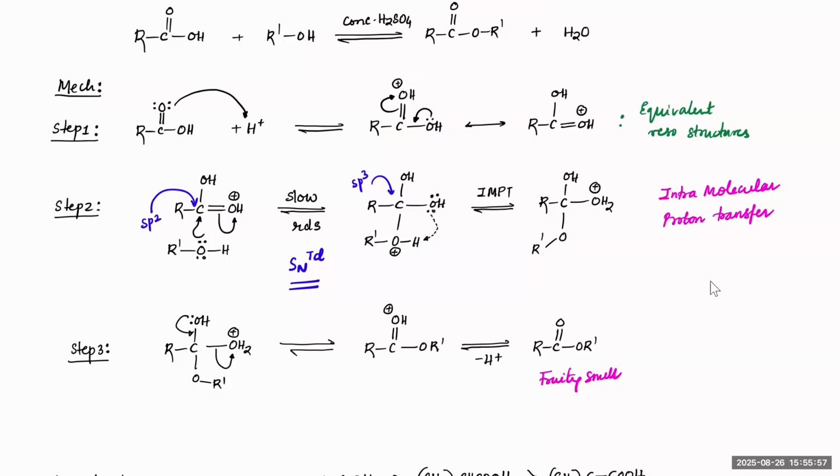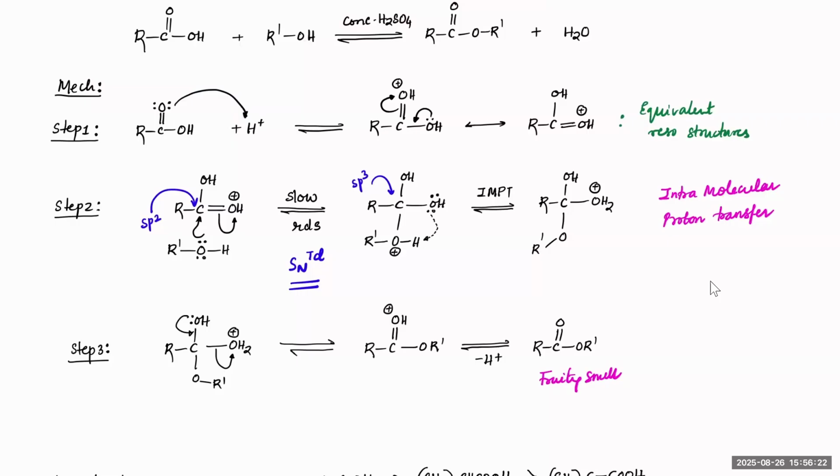If two resonating structures look alike, we call them equivalent resonating structures, correct? And equivalent resonating structures normally dominate over the other forms of resonance. That's one of the reasons why this lone pair is not attacking, but this lone pair is attacking. And that's how you get this intermediate.